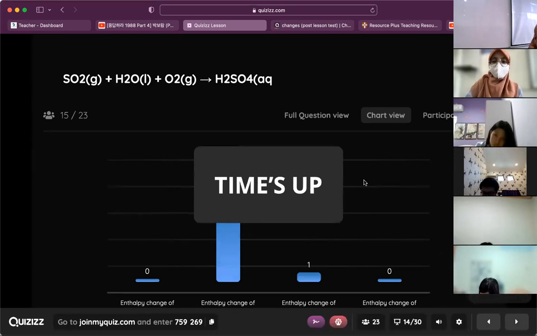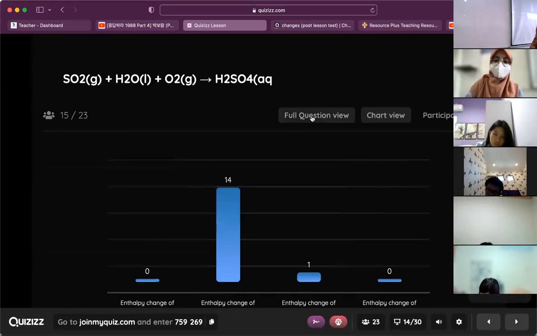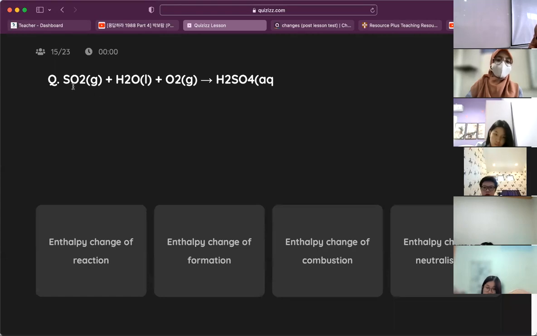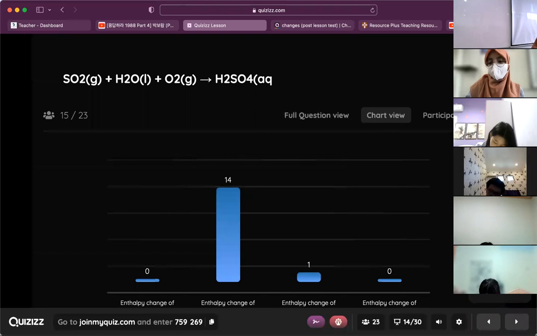The element of sulfur is only S as solid, or S8 as solid. So your answer must be enthalpy change of reaction, not enthalpy change of formation. We cannot say that. Okay, next one.